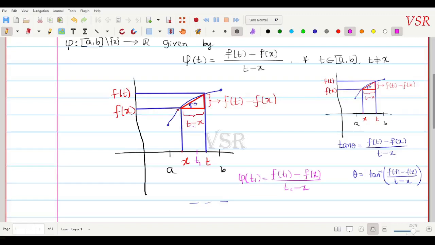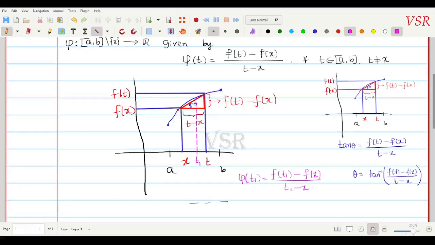So let us see what happens in this picture. I'll draw a line with dashes. From here, this is my phi 1 of t.